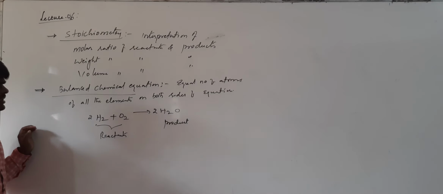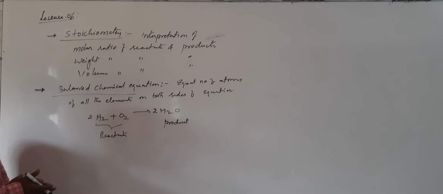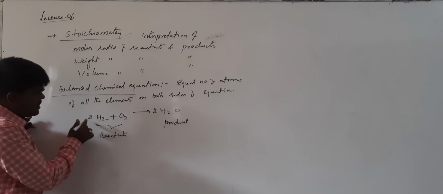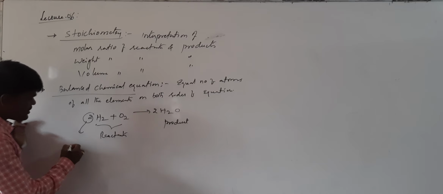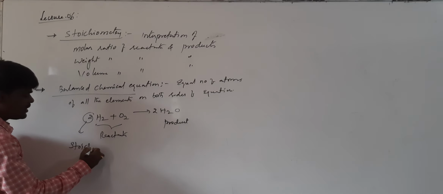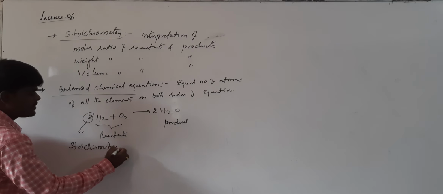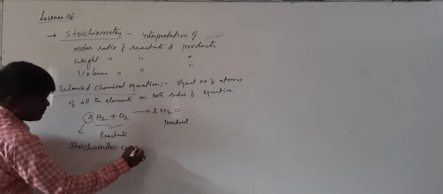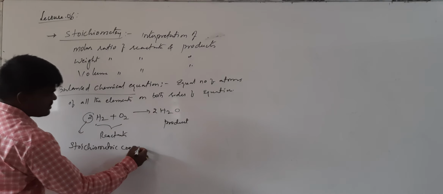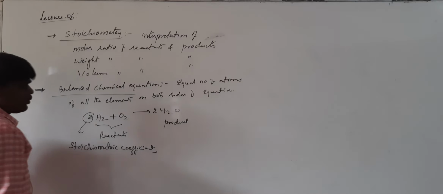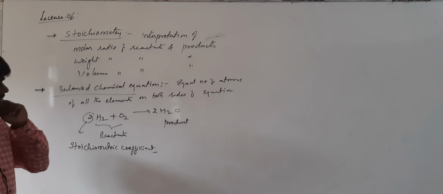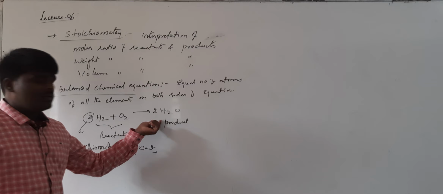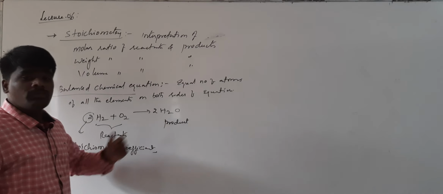From the balanced equation you can establish various relationships. Here the 2 in front of water is called the stoichiometric coefficient. This stoichiometric coefficient tells us in what molar ratio the reactants react to give the products.